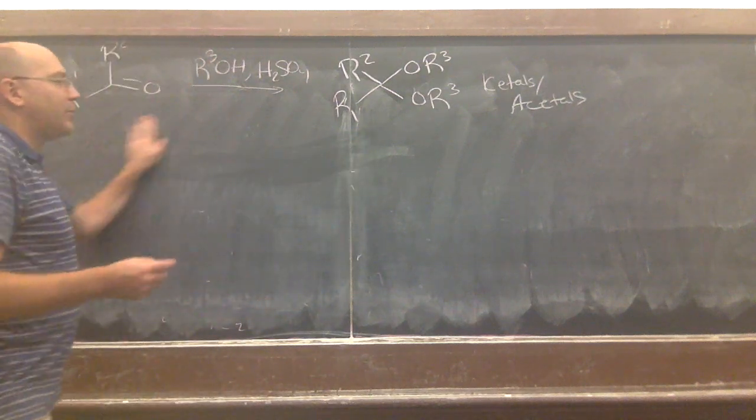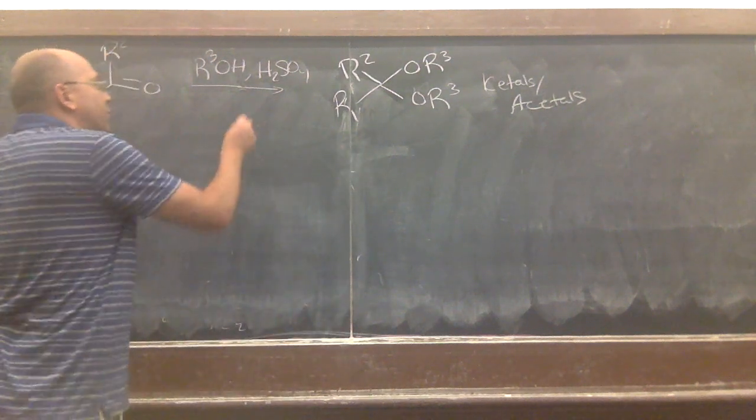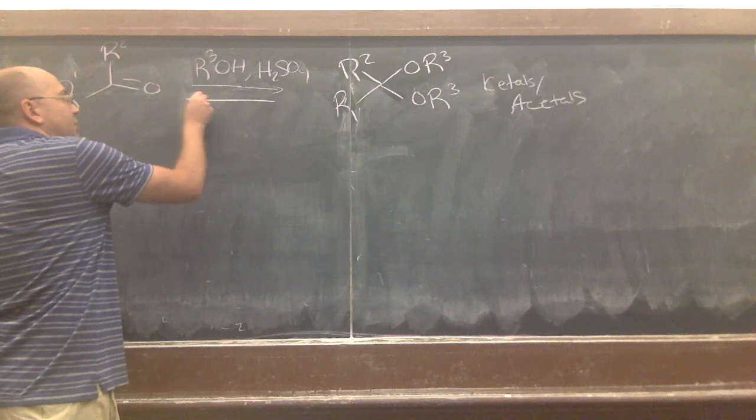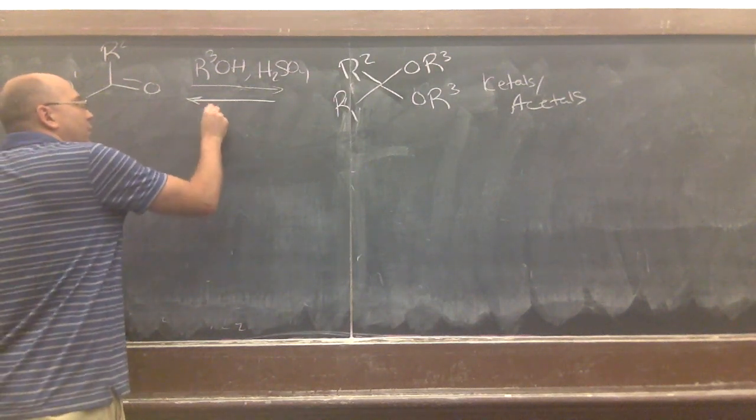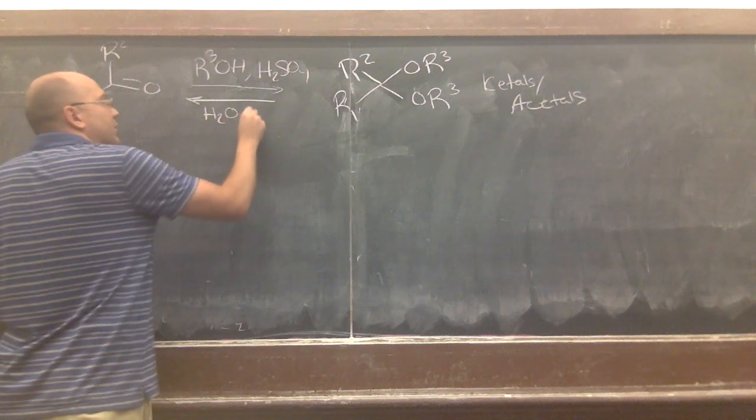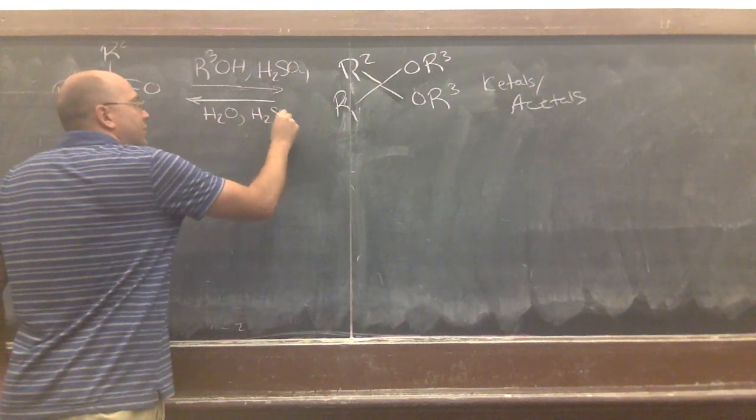And I also mentioned I'm not going to go over the mechanism because we don't have time for it, and I trust that you should all be able to figure this out on your own, right? If you want to go in reverse, just add water, right?